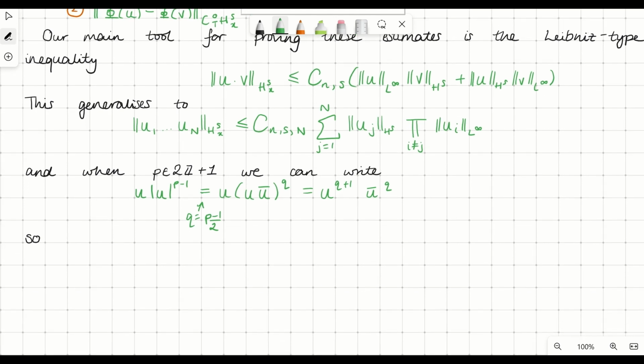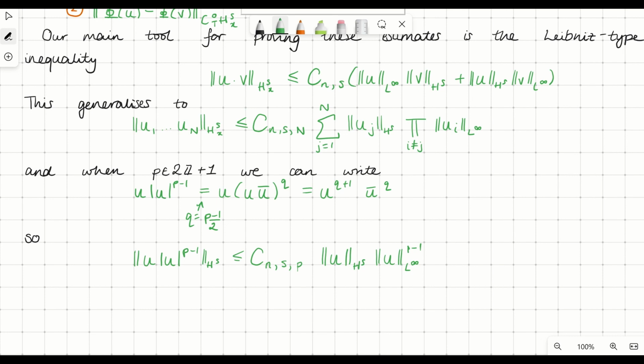So then we can bound the nonlinearity in H^s using the previous inequality by some constant depending on n, s, and p, because that governs how many terms there are in the polynomial above, multiplied by the norm of u in H^s and the norm of u in L infinity to the power of p minus 1.